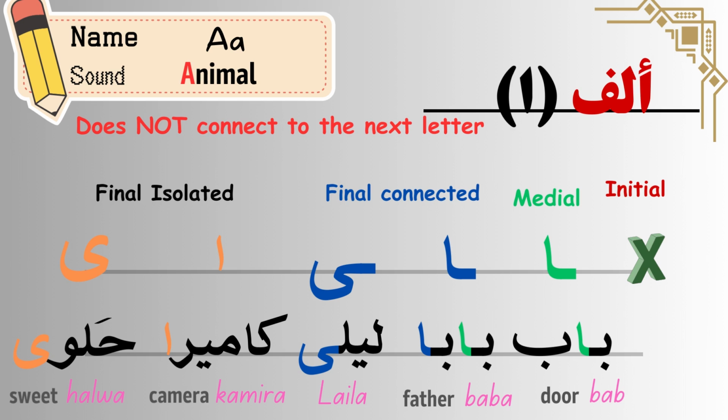The final form isolated also has 2 shapes. Word camera shows you the final form isolated of the long alif, and word halwa shows you the final form isolated of the broken alif.